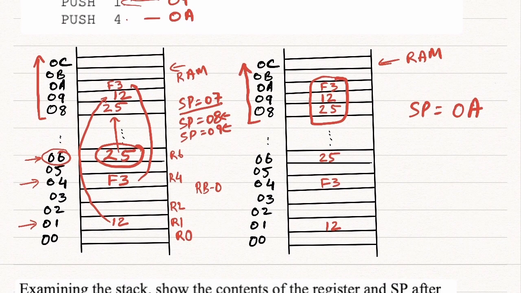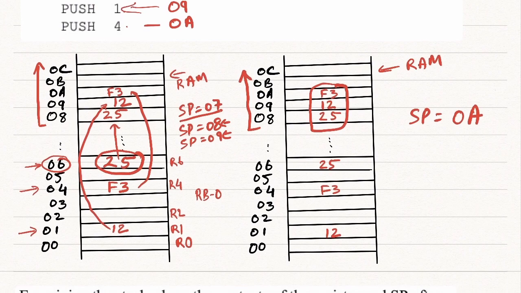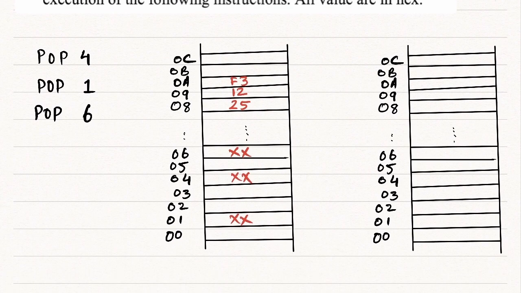In the previous example, we have seen that after all the push instructions, the memory is looking like this. This is the section of the memory, and the same section is redrawn here for your understanding. I have just kept the memory locations 06, 04, and 01 as some scrap values.